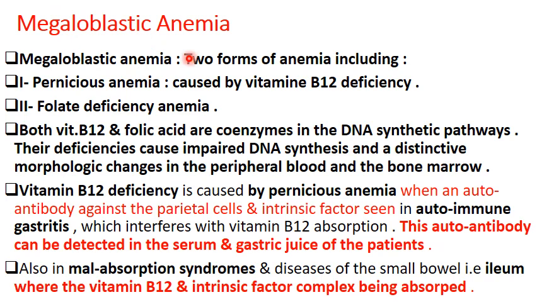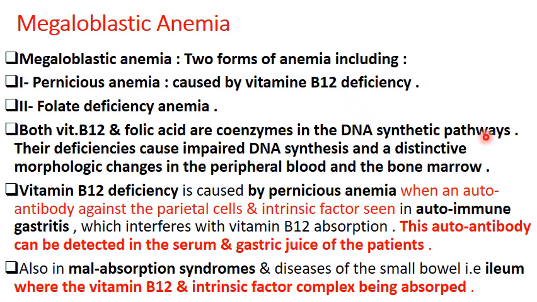Megaloblastic anemia includes two forms of anemia: pernicious anemia, which is caused by vitamin B12 deficiency, and anemia caused by folate deficiency. Both vitamin B12 and folic acid are coenzymes in the DNA synthesis pathways.